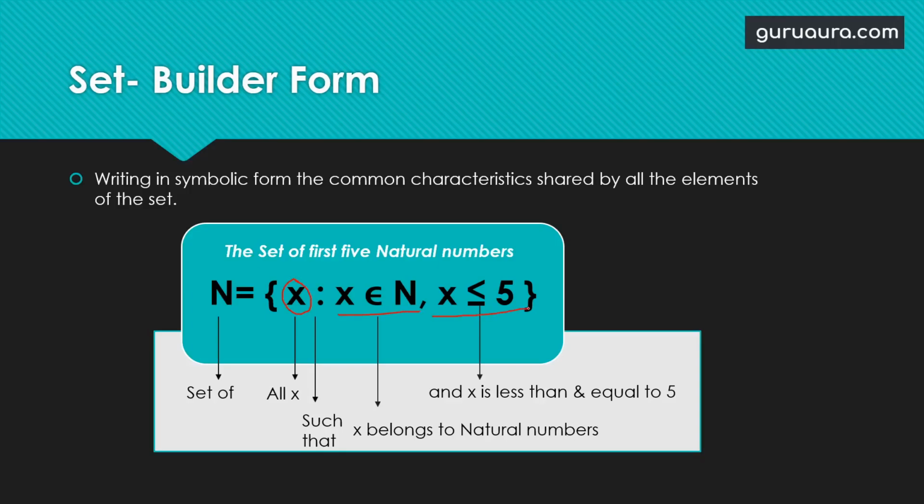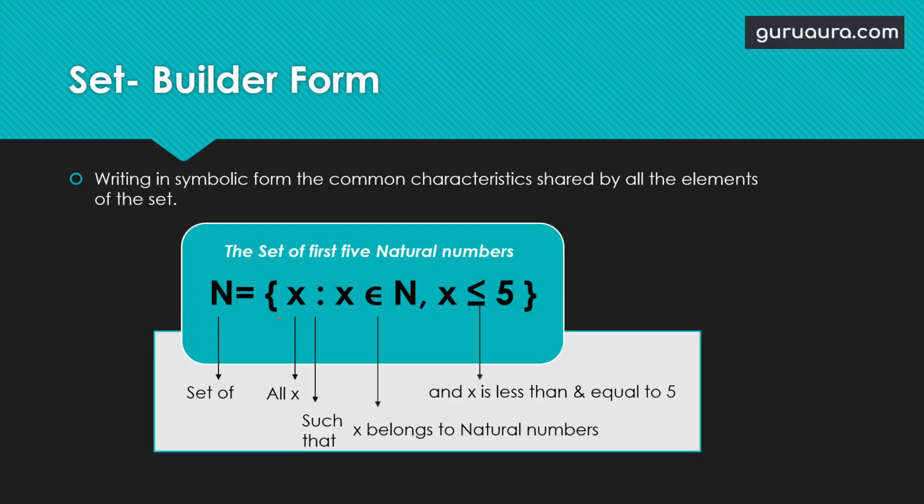In this form of representation of a set, the element of the set is described by using a symbol x or any other variable followed by a colon. The colon is used to denote such that, and then we write the property possessed by the elements of the set and enclose the whole description in brackets.